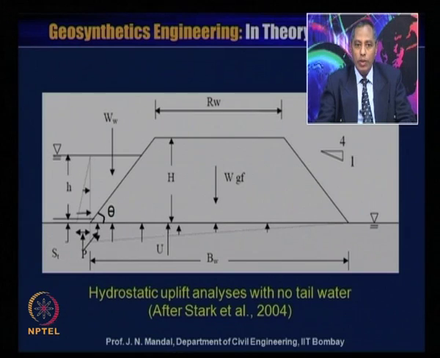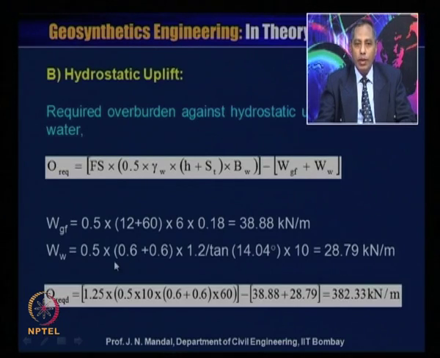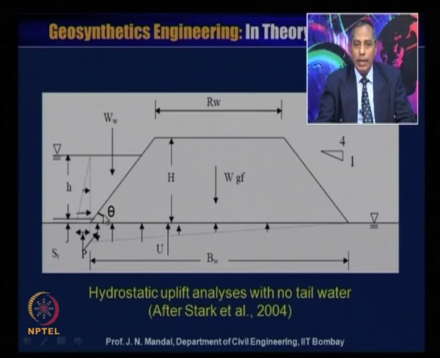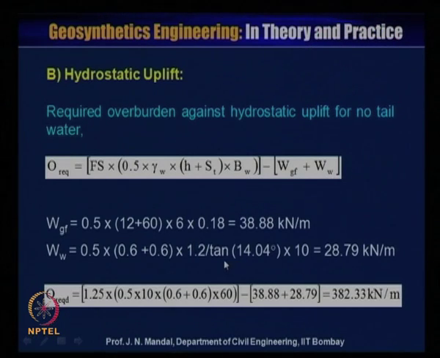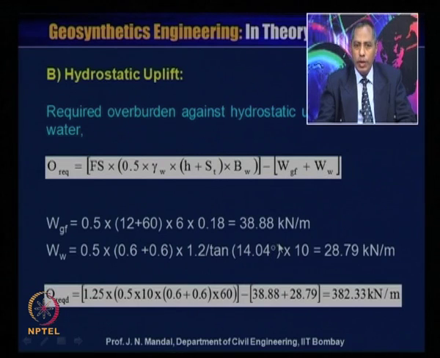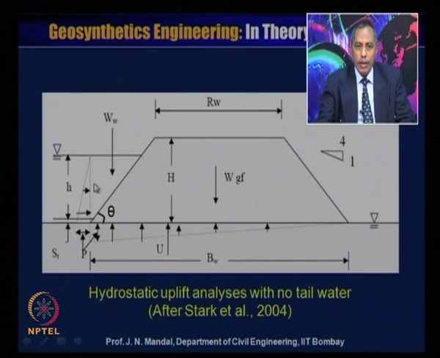So this height will be 0.6 plus 0.6. So half into 0.6 plus 0.6, into this angle theta. The value of theta is 14.04, approximately 14 degrees. So this is tan of 14.04 degrees, into 1.2.